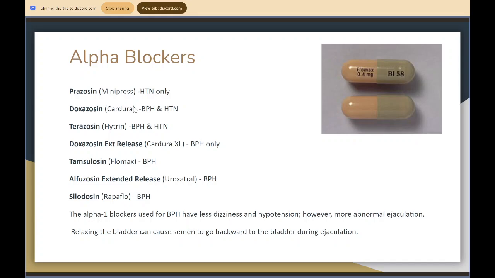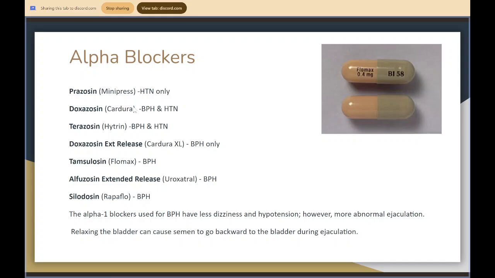Doxazosin, brand name is Cardura, can be used for both. Terazosin is Hytrin, can be used for both. And doxazosin extended release is going to be Cardura XL, that's only for BPH. Alfuzosin is available in an extended release form, that's going to be Uroxatral, and silodosin is Rapaflo.